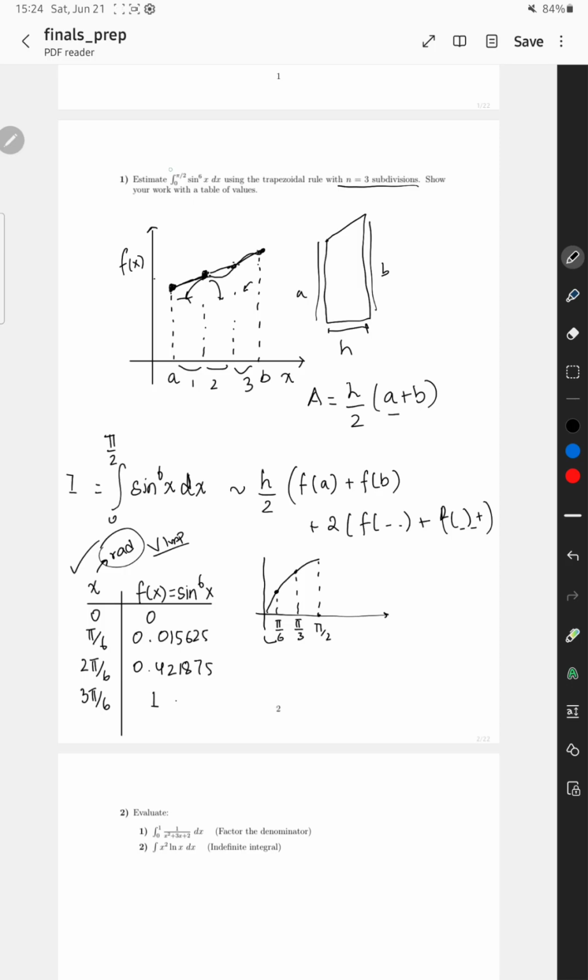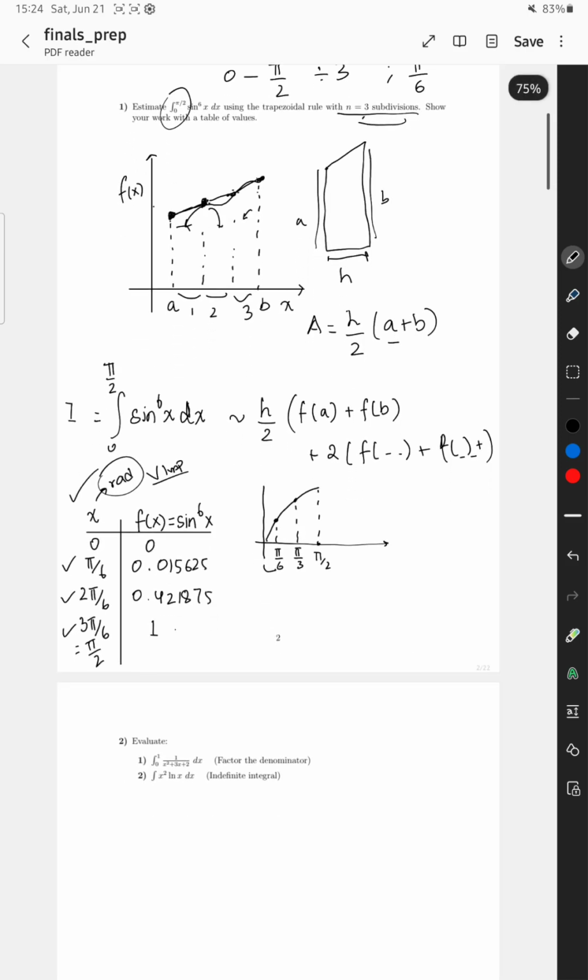As you know, here the total interval was 0 to pi by 2, which is pi by 2. Divide that into 3 subdivisions, that becomes pi by 6. Therefore you see the first one is pi by 6, and then this is 2 pi by 6. The third one is 3 pi by 6, which is automatically pi by 2. Okay, so I've evaluated the function at all of these values.